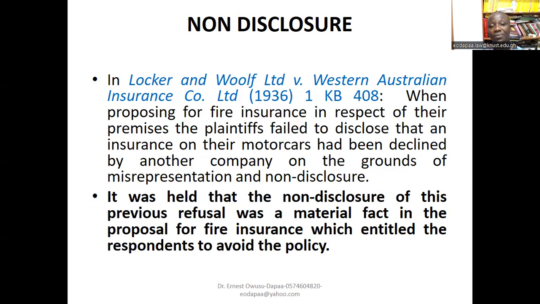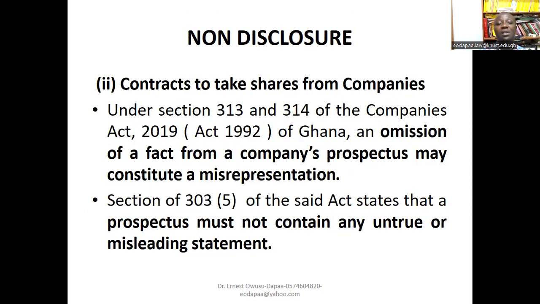So Lockyer v Western Australia Insurance Company is an illustration. And because you'll be learning company law, there's something of interest. If you look at the Companies Act of Ghana, I'm sorry, not Act 1992, Act 992. Just ignore the one, it's a mistake.